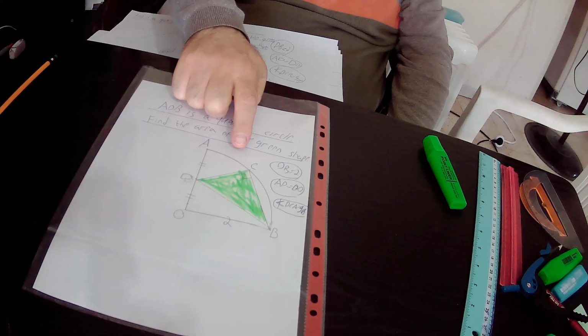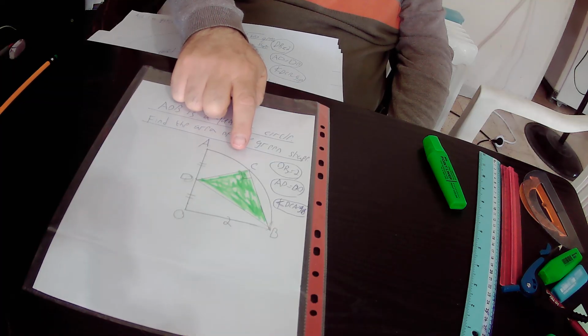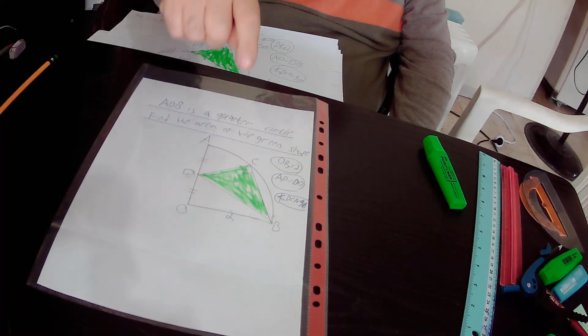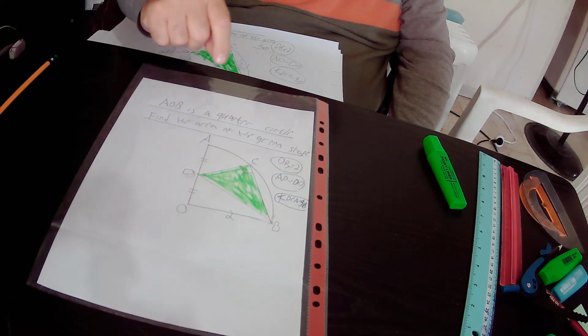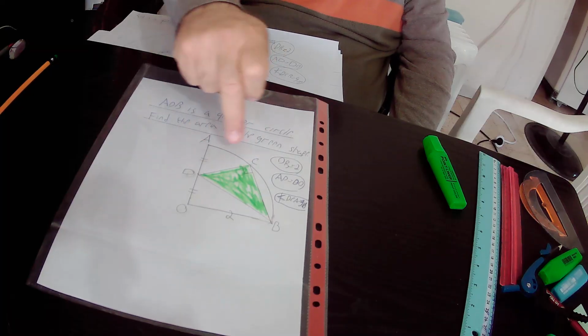The green shape is actually the right triangle DCB, and our mission is to find out the area of the green right triangle DCB. In addition, we know that line segment OB equals 2 units in length, and line segment AD equals line segment DO. And to repeat, our mission is to find the area of the green right triangle DCB.